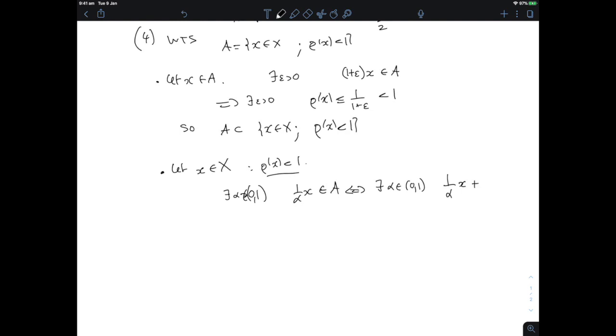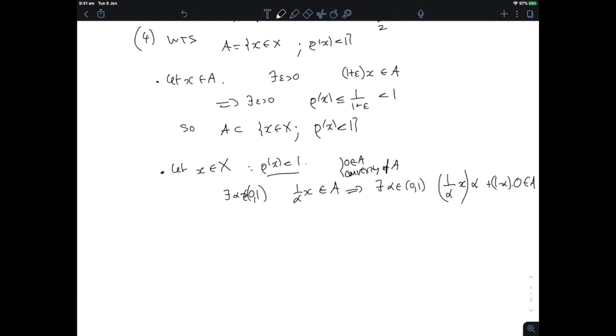So if I take this vector that's in A and do a convex combination of it with another point in A, which is the point 0, then this has to be in A. And that's by convexity of A and the fact that 0 belongs to A, right?